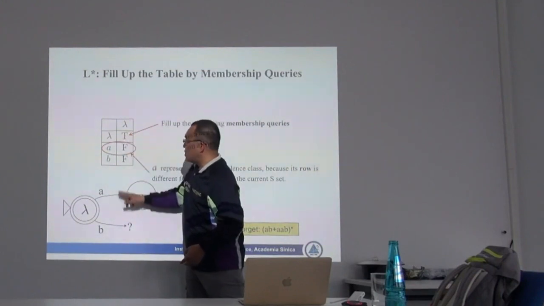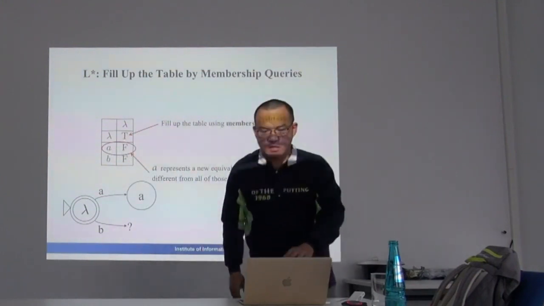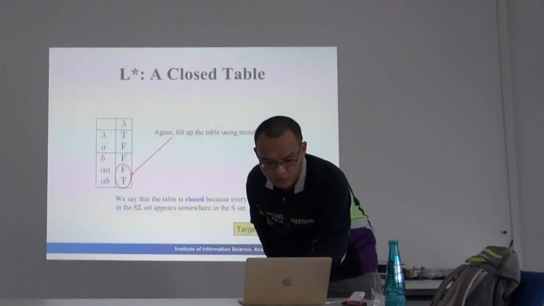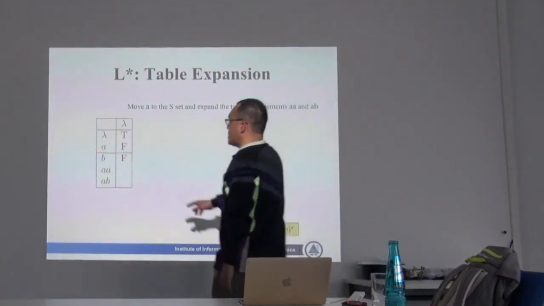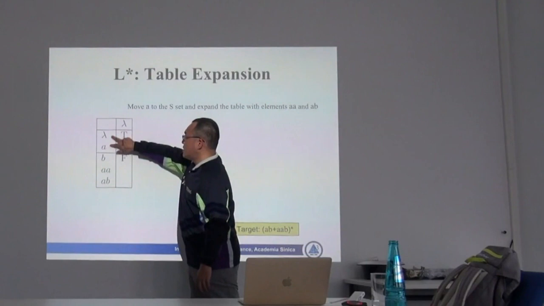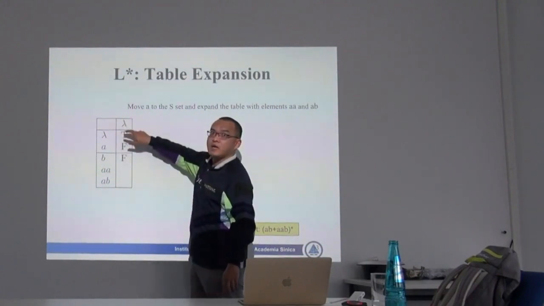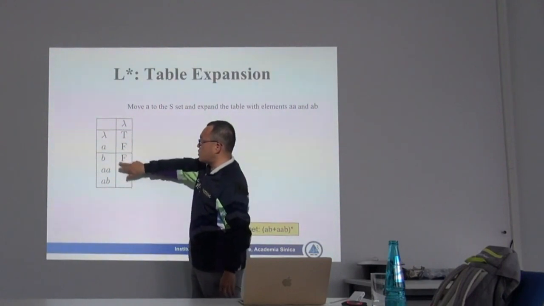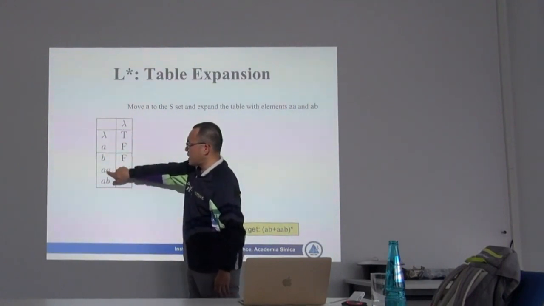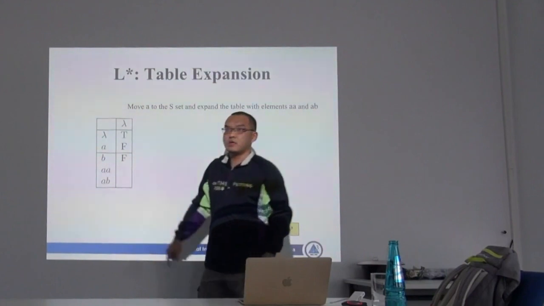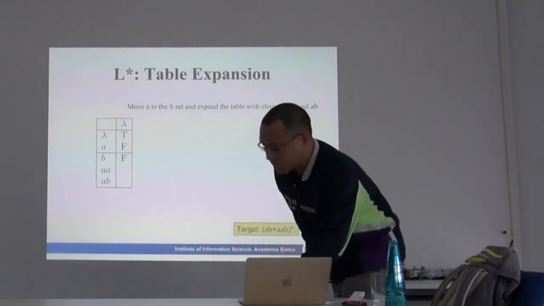So we know that lambda A should be a new state, and we need to extend the table like this. Now we have two states, lambda and A. They are two different states because they can be distinguished by lambda. Then we check the next state of A, so we also put AA and AB here. Again, we fill in the table using membership queries.